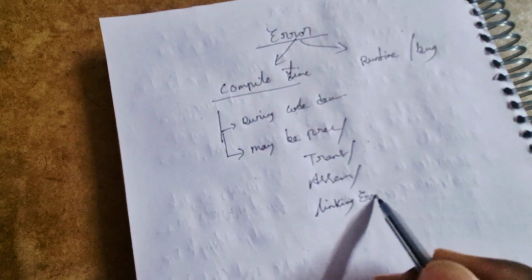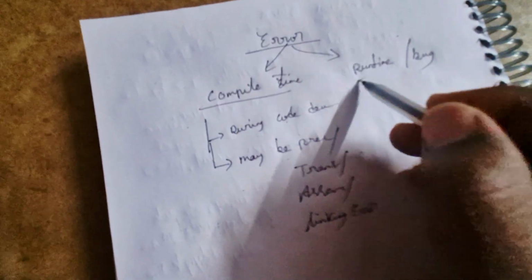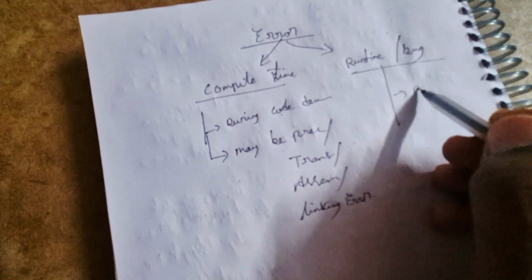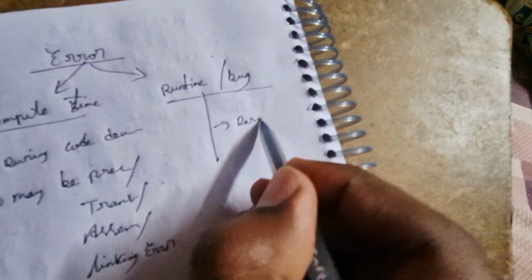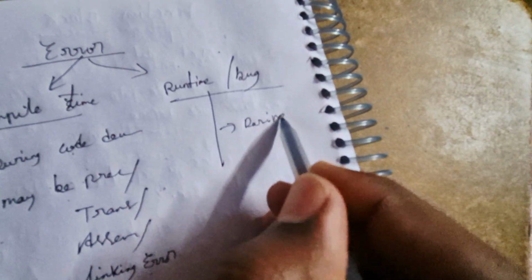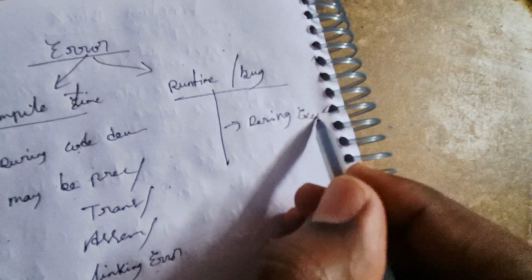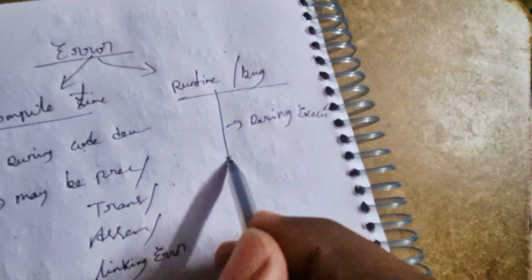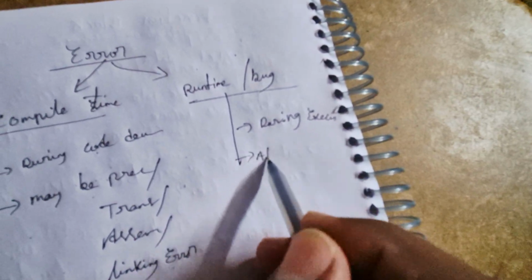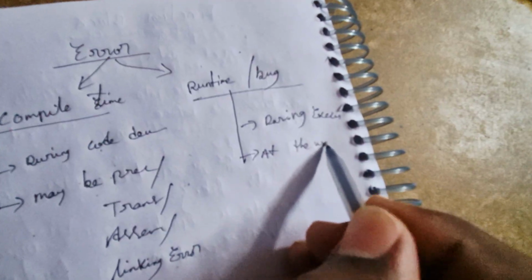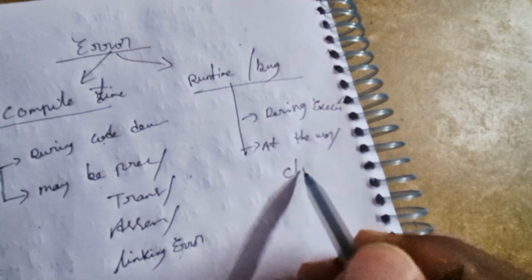A runtime error occurs during the execution stage, or at the user or client side.